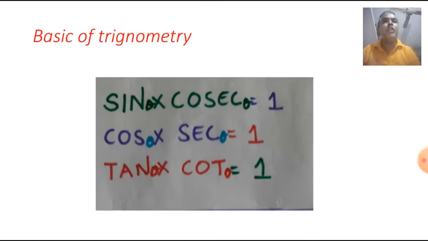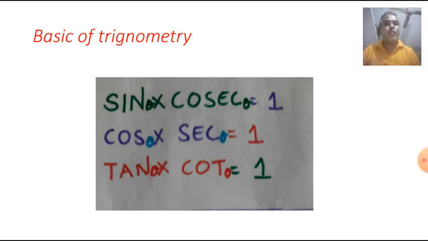Let us move on. Basics of trigonometry. Same thing. Sin theta into cosecant theta is 1. That is first ratio into fourth ratio is equal to 1. Secondly, cos theta into secant theta is 1.